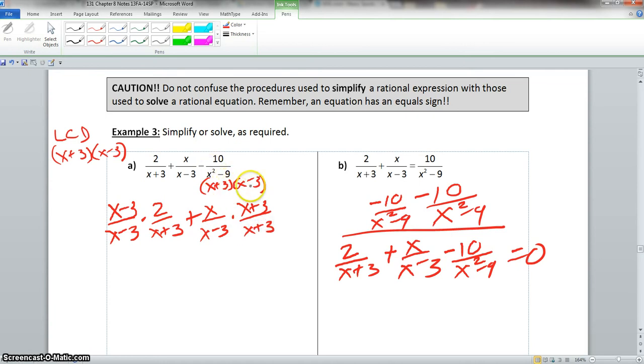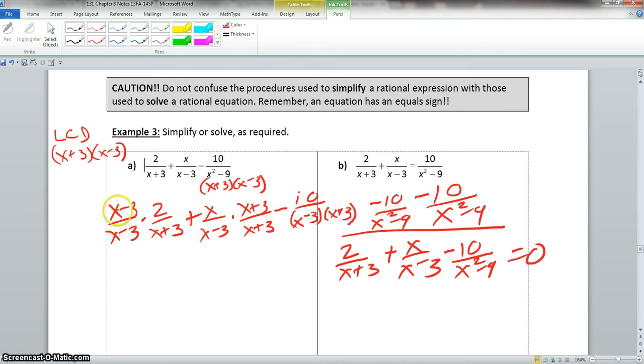Since we already had the x plus 3, x minus 3, we don't need to do, oh wait a minute, I put an equal sign here. We don't need to do anything except rewrite this as 10 over x minus 3, x plus 3.